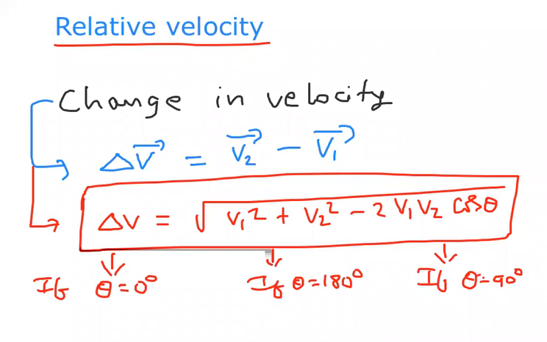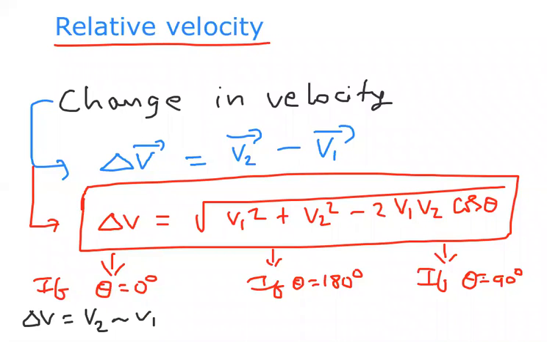If you substitute theta equal to 0 in the above formula, cos 0 is 1. Mathematically, delta v is v1 minus v2, or v2 minus v1.